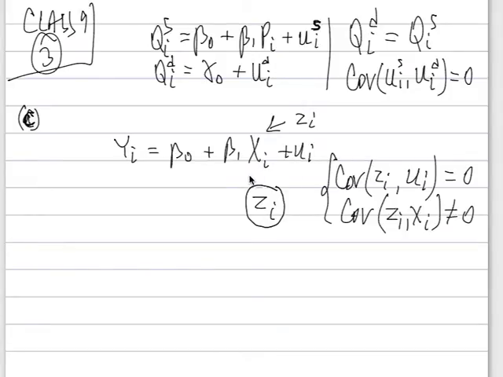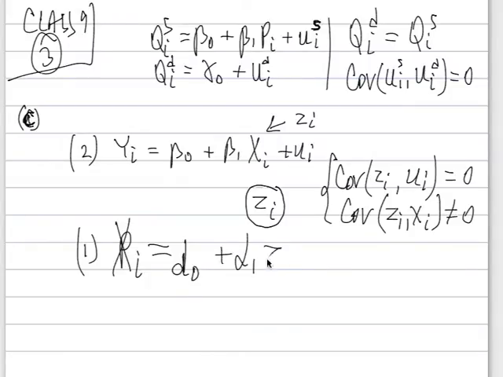Now what you do is a two-stage procedure. This is the second stage usually. In the first stage, you take xi and regress it on some constant and zi, and extract the fitted values. In other words, get the fitted xi's, the hats. Ignore the ui now.